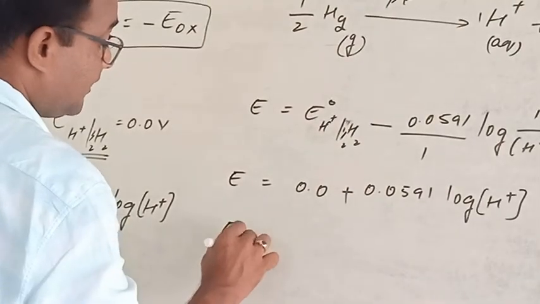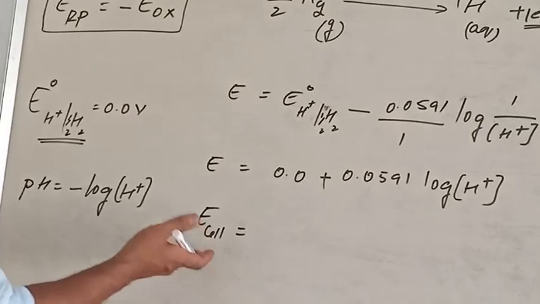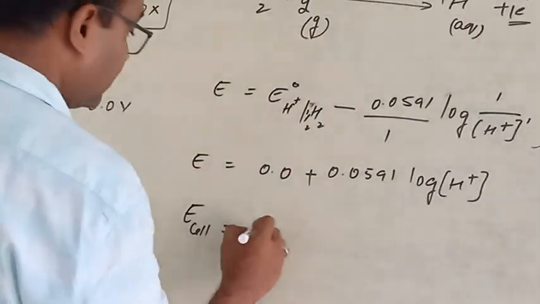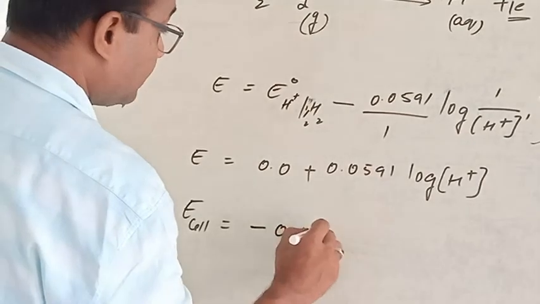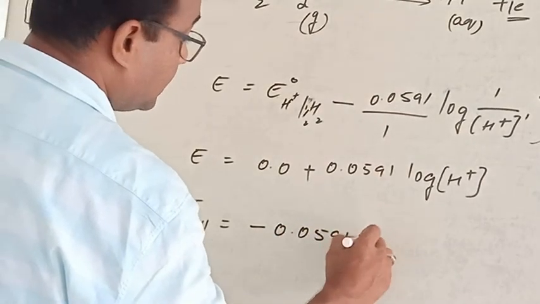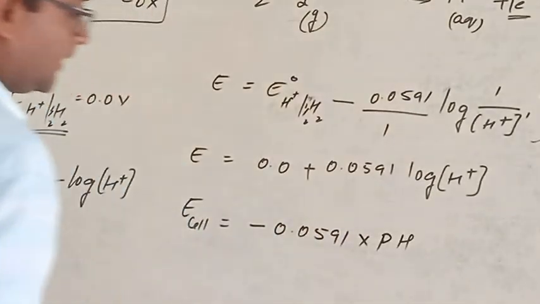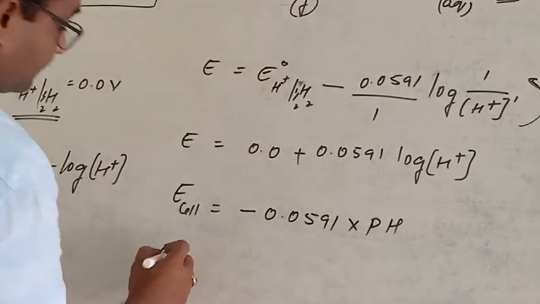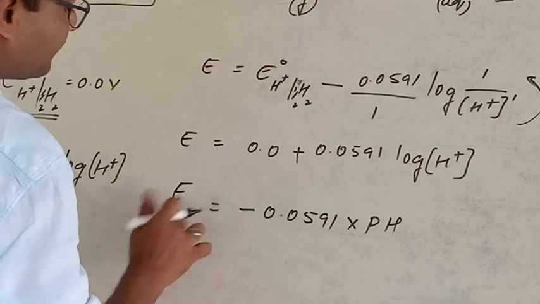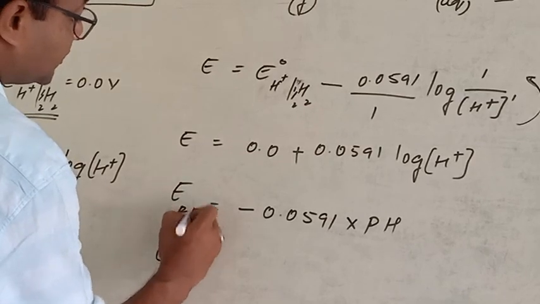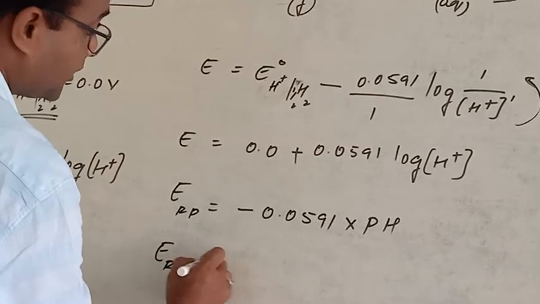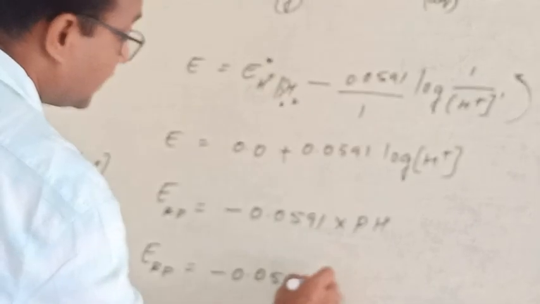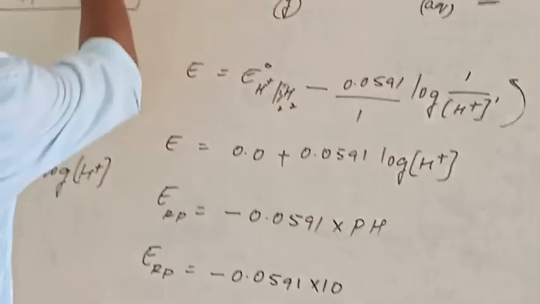That means the electrode potential we calculate first, then we will go for the oxidation potential, is equal to minus 0.0591 into pH. E is not of the cell, it is only a half cell, we are calculating the reduction potential. Reduction potential is equal to minus 0.0591 into 10, the pH value is given here.